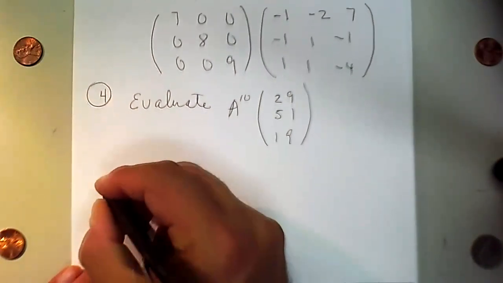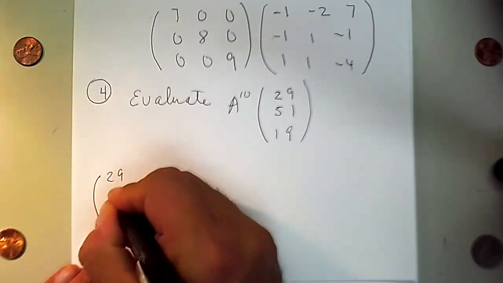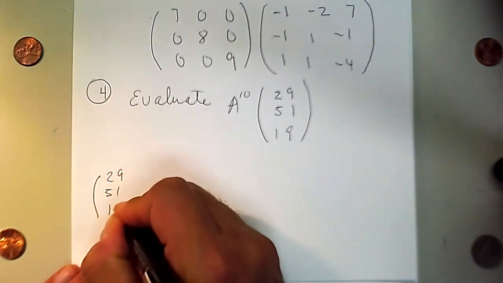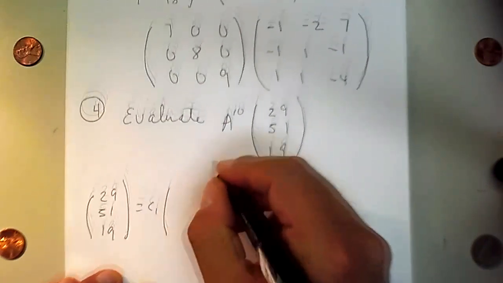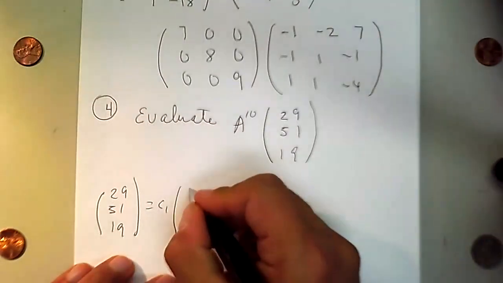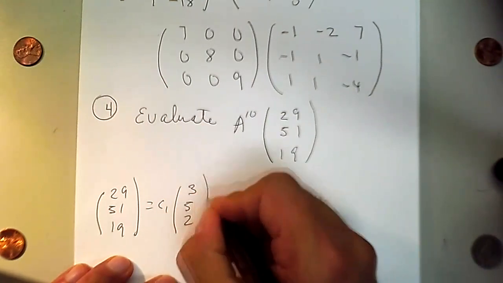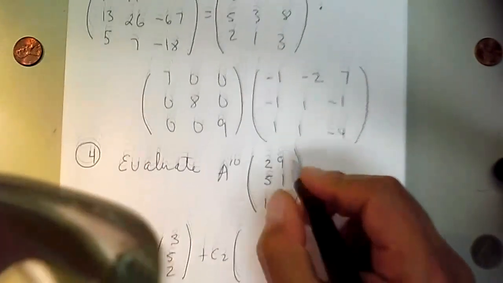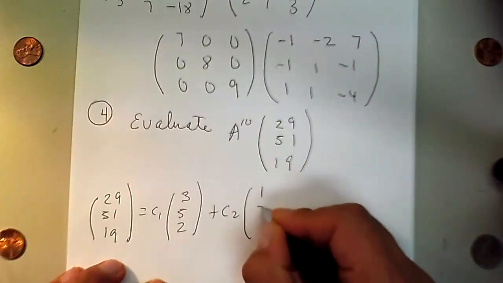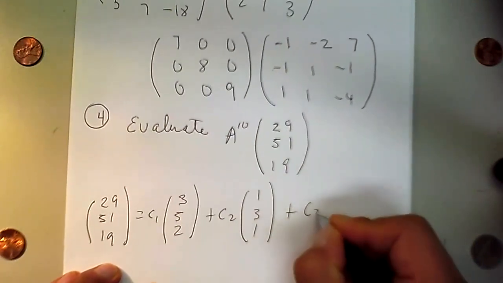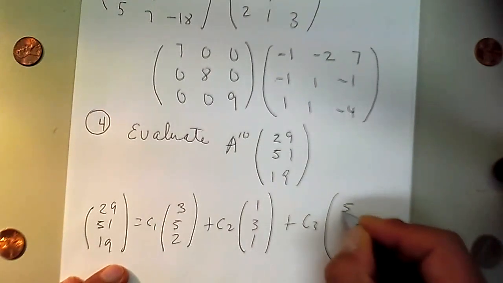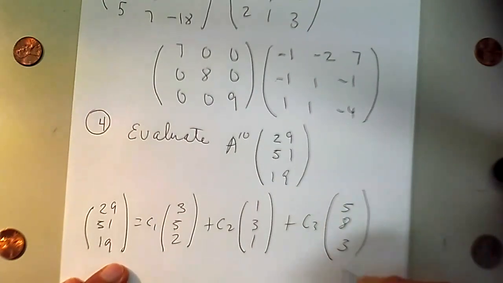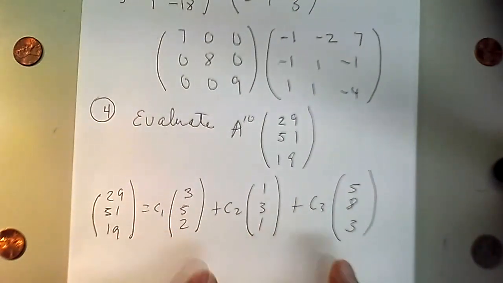So the way we set that up is by saying (29, 51, 19) equals C1 times the first eigenvector (3, 5, 2), plus C2 times (1, 3, 1), plus C3 times (5, 8, 3). And then you've got to figure out C1, C2, and C3. You've got to solve the system of equations.